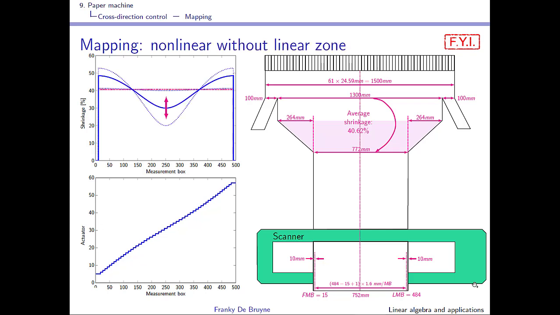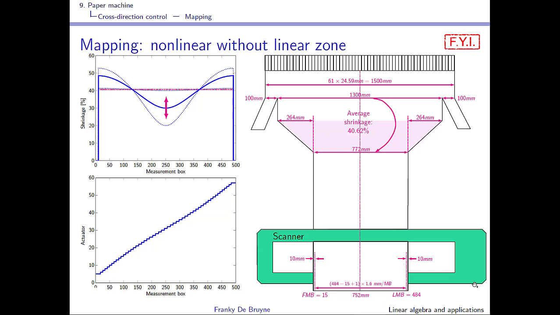Well, in some cases you're not satisfied with a constant shrinkage or a linear mapping. For instance, you would like the shrinkage to be larger at the edges, which is often the case for this type of process of polyethylene coating, but it is also the case in the paper process. For instance, the paper is drying better at the edges, so there is always a little bit more shrinkage at the sides, okay?